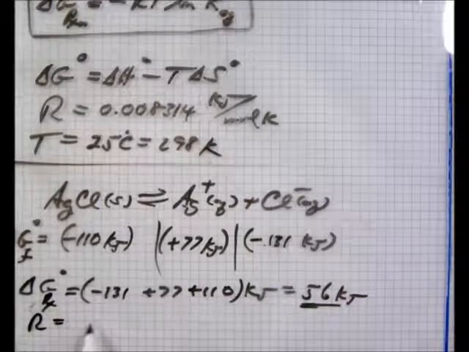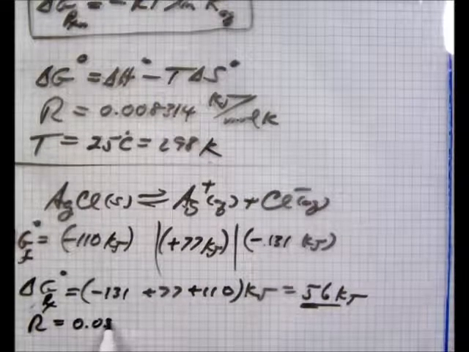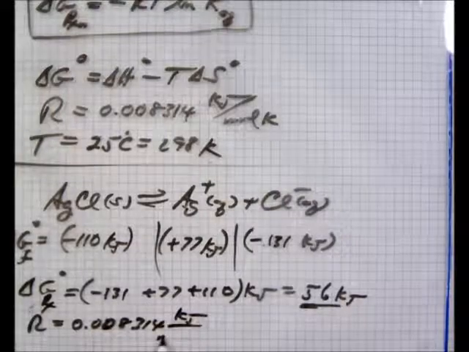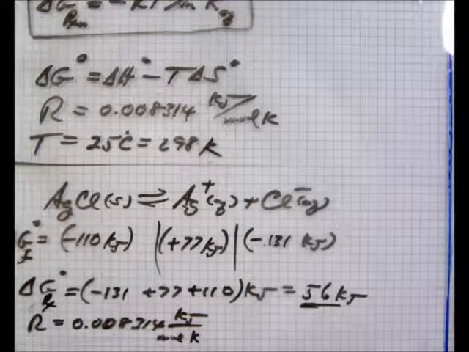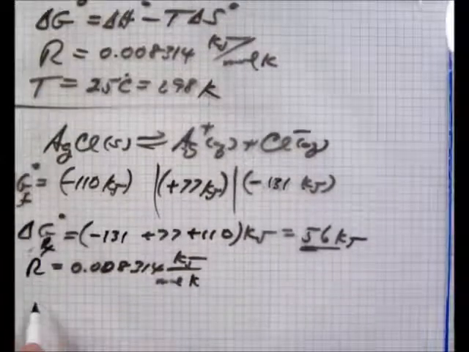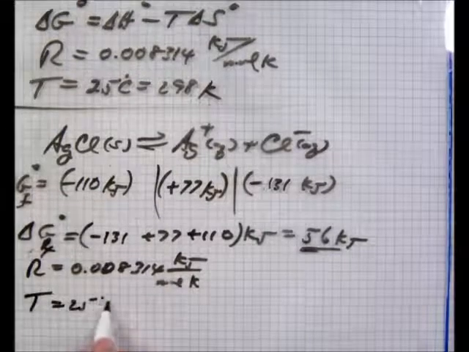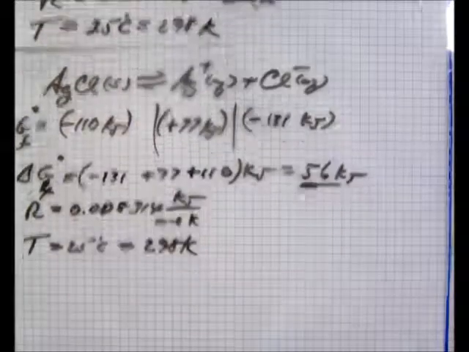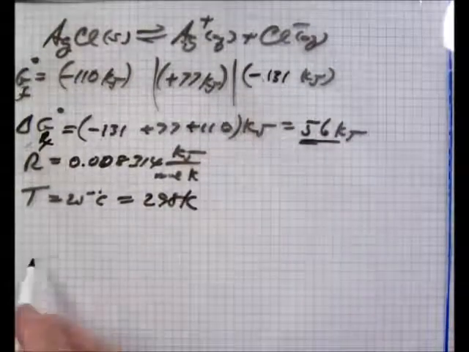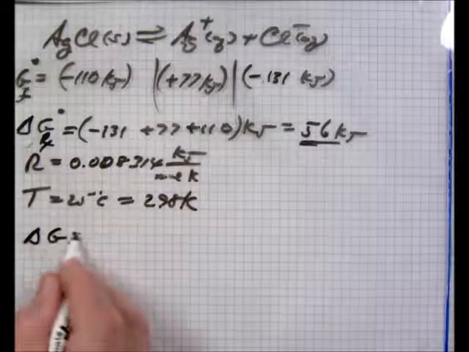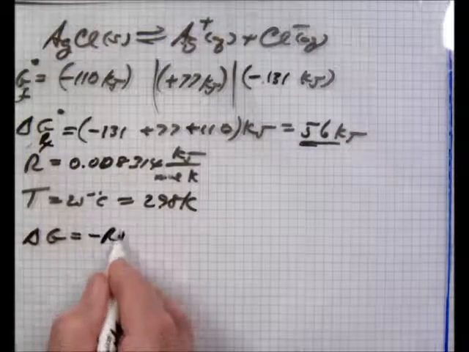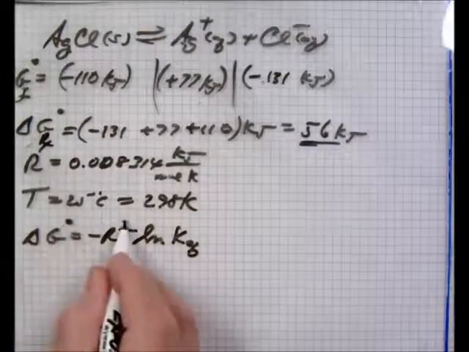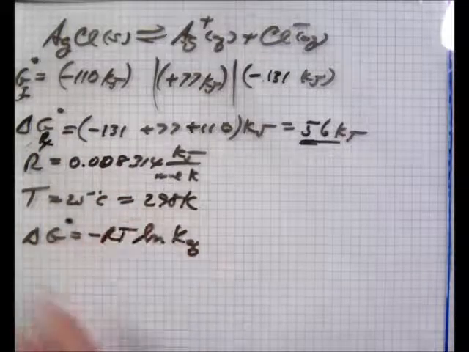R again is 0.008314 kilojoules per mole Kelvin, and we're going to do the temperature at standard, 25 degrees C, which is 298 Kelvin. And so to get the K value, delta G is equal to minus RT ln of K equilibrium constant at standard conditions.